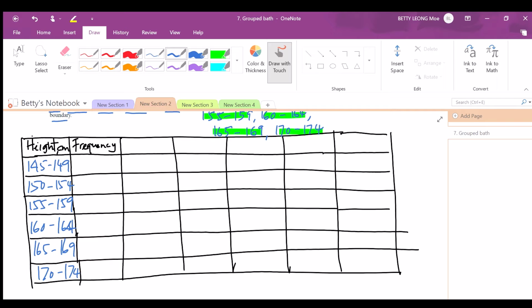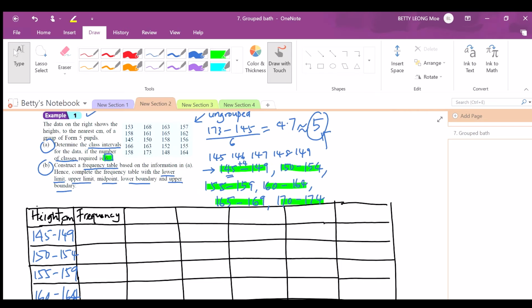The frequency, so you have to look at your table here. For 145 to 149, you have to look for it. You have to find it here, but for me, I prefer to tally it.